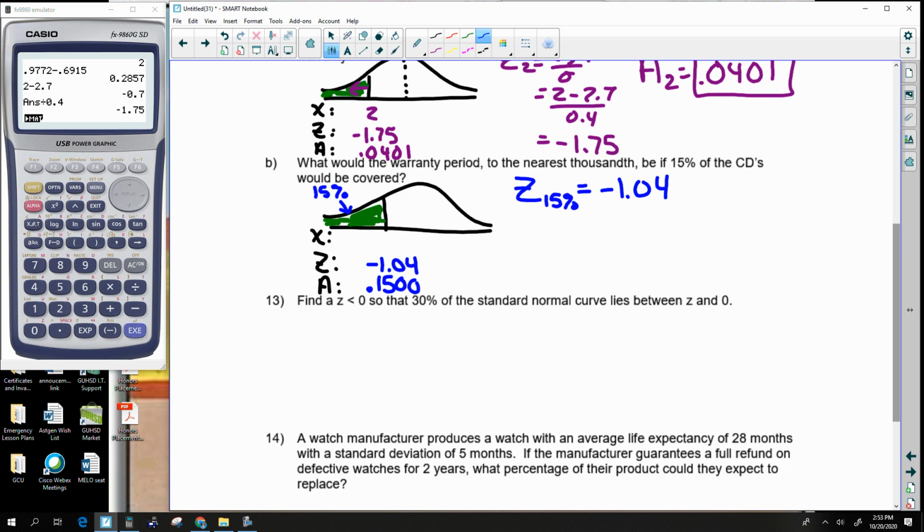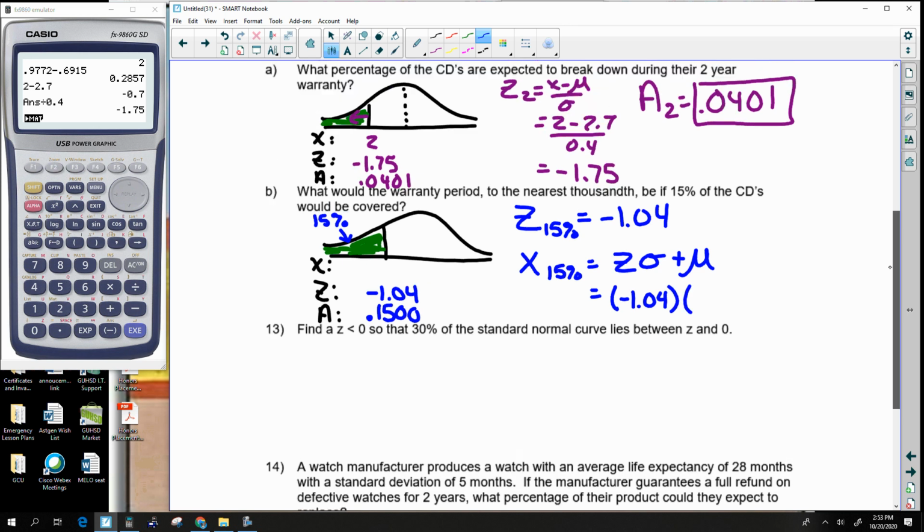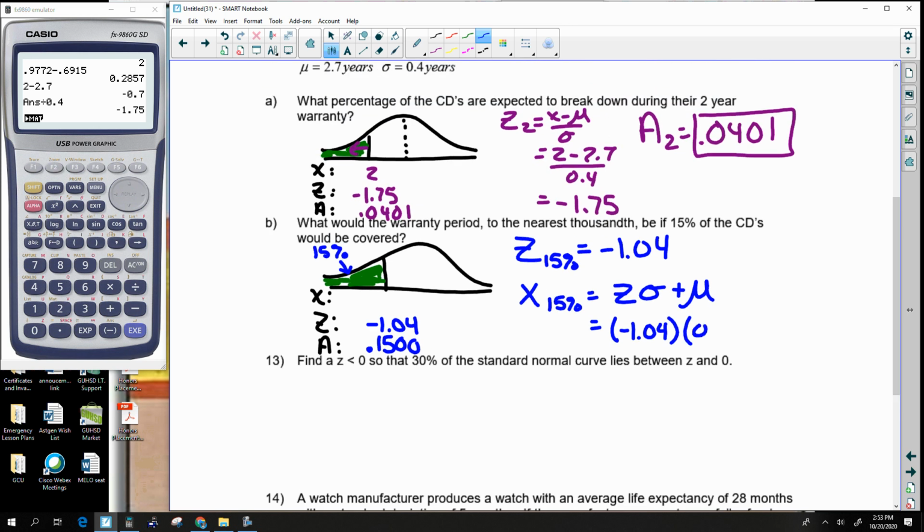Now, ultimately, I'm asked what is the number of years that would be this warranty period. So the X is Z sigma plus mu. In this situation, the Z that I just found is 1.04. The sigma is 0.4 years, and the mu is 2.7. So the X in this situation is the answer that I'm after.